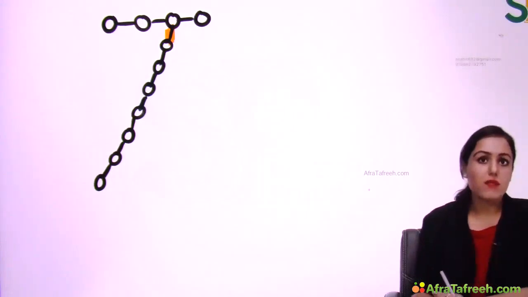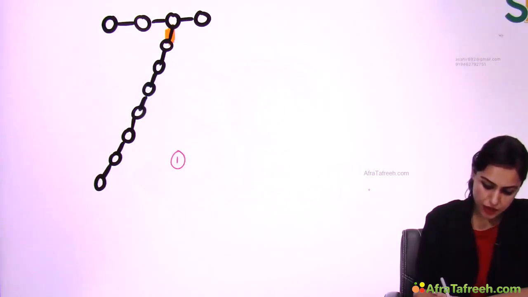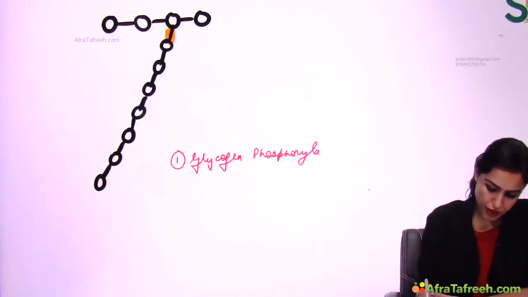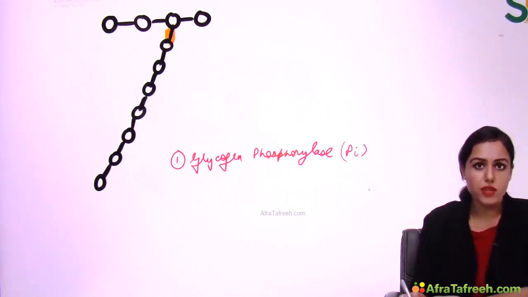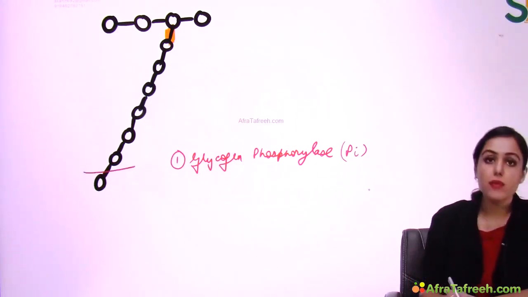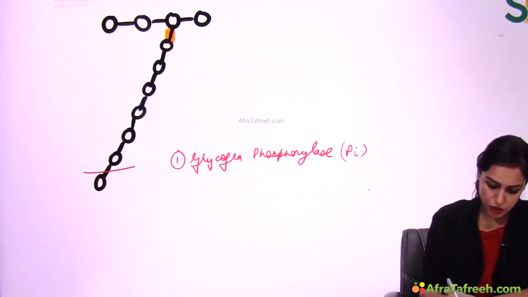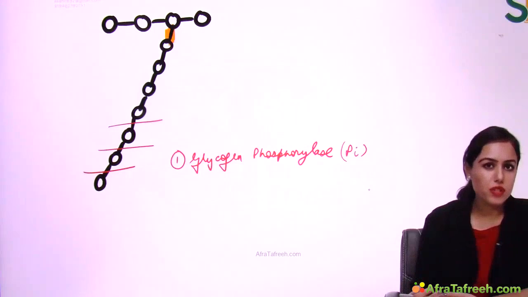The first enzyme which is going to start the breakdown of glycogen, that is the rate limiting enzyme also, is glycogen phosphorylase. This glycogen phosphorylase has a property of transfer of inorganic phosphate, and this enzyme is going to start the breakdown from here like this. It is breaking the bond, then this, like that. So which bond is it breaking?